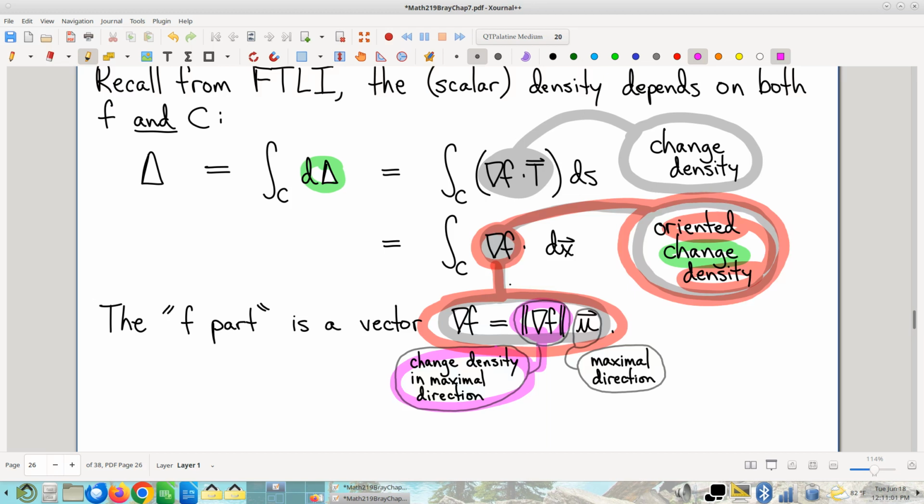Independent of your trail that you're walking along, how steep is the mountain? Yeah, it's the magnitude of the gradient. Which direction is uphill on the mountain? Well, that's the direction of the gradient. Right? So viewing the gradient itself as being an oriented thing that's telling you how steep the mountain is, it's actually really natural.